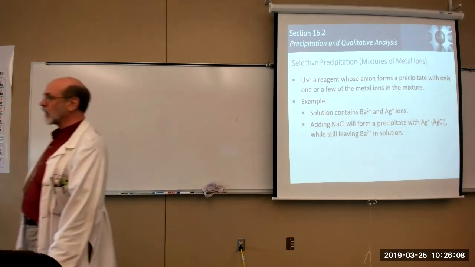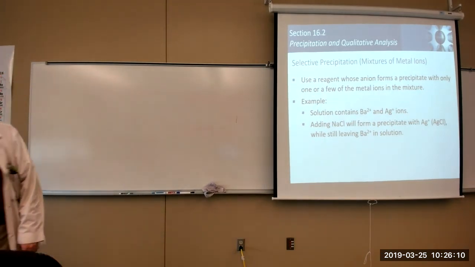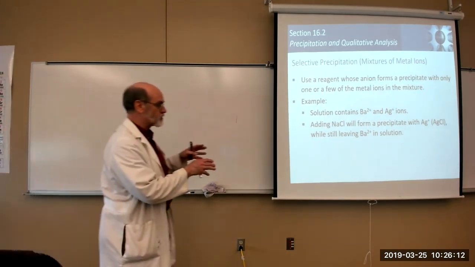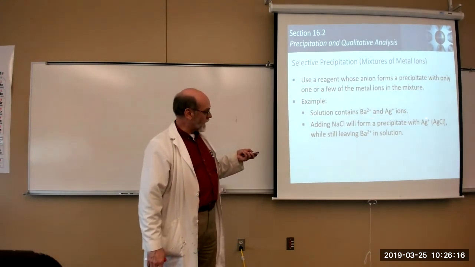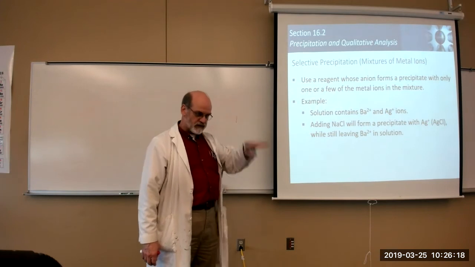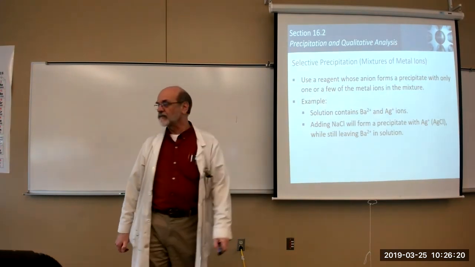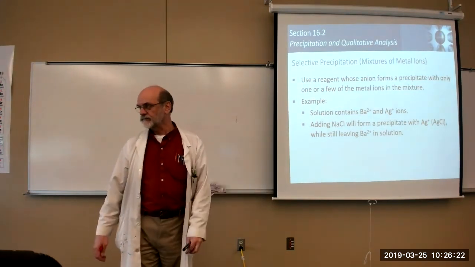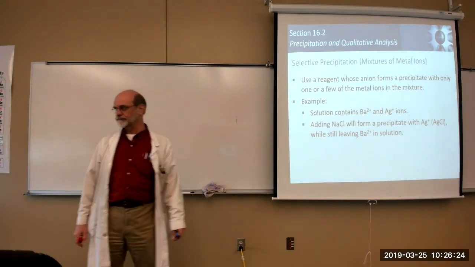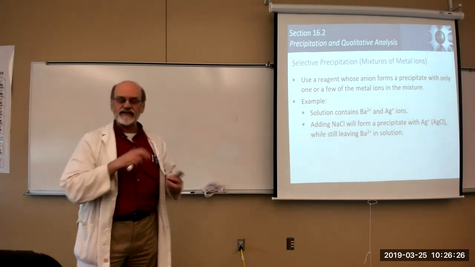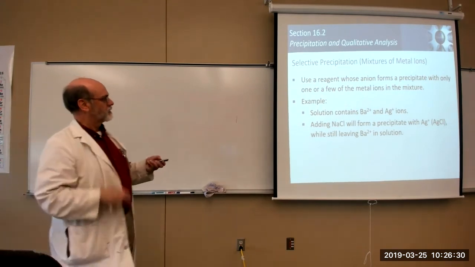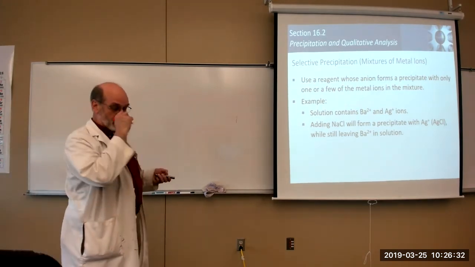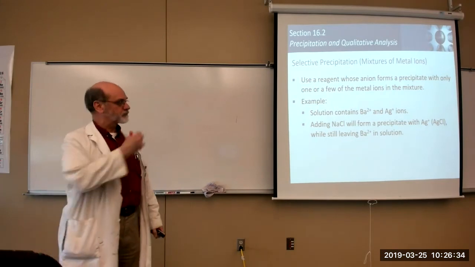It's virtually 100% soluble. So if you just have those two ions in solution, you add sodium chloride to it, then the chloride reacts with the silver, precipitates it, and leaves barium behind. And you've got a separation. Then you just need to filter them. Okay? That's the simplest form of separation by selective precipitation.